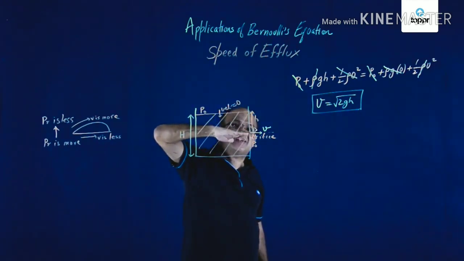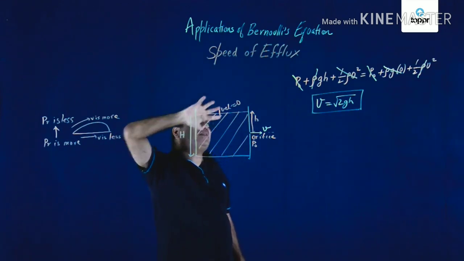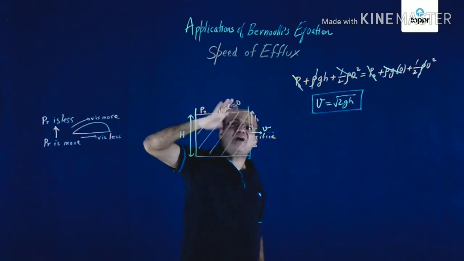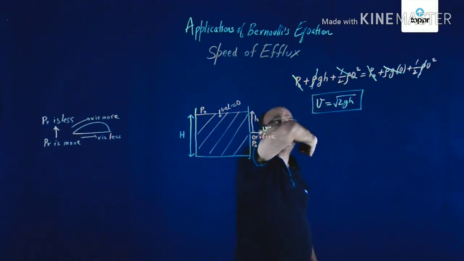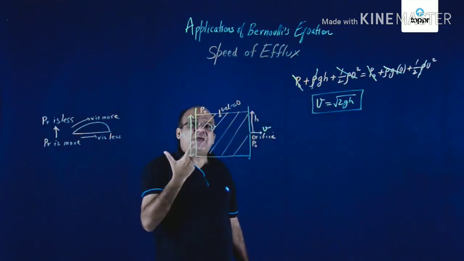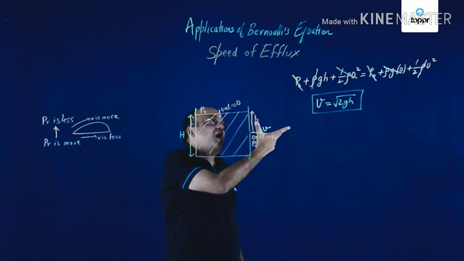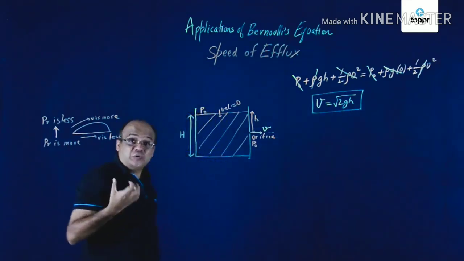Height here we are taking as 0, so difference in height is h. So P0 plus rho gh, the gravitational head, plus half rho times 0 squared, equals P0 plus rho g times 0, plus half rho v squared. We get v equals root 2gh.